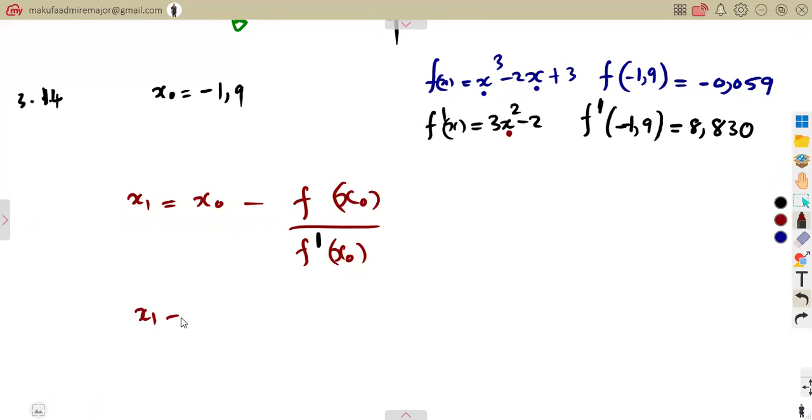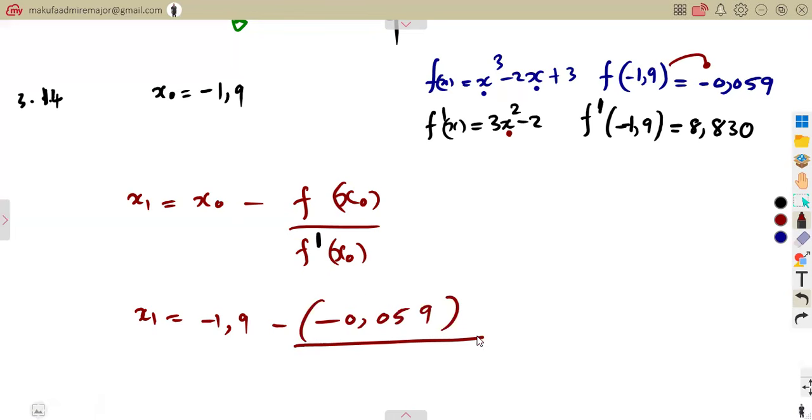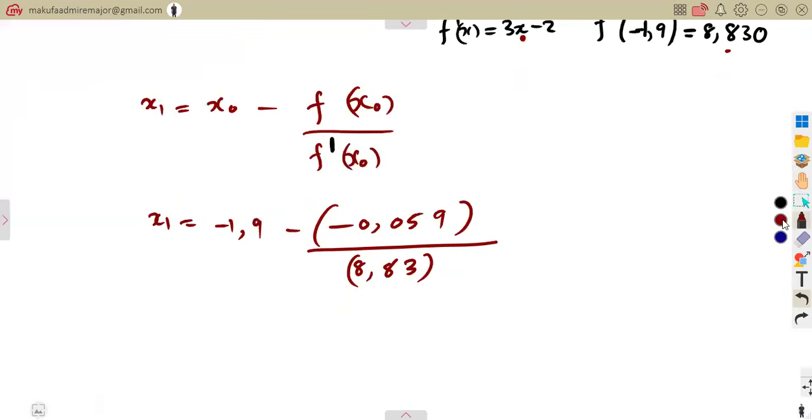So you're just going to substitute x naught, minus 1,9, minus f of x, which is what we got here, minus 0,059, everything over the first derivative substituted, which is 8,83.